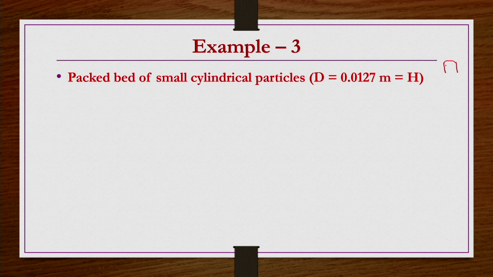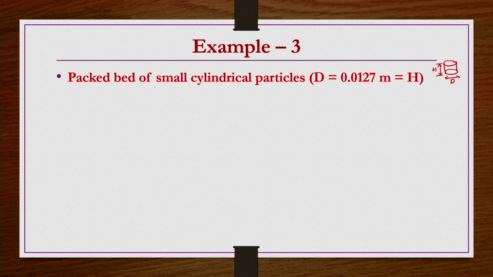If you take this as a cylindrical particle, this is the diameter of the short cylindrical particle and this is the height of the short cylindrical particle. If h is equal to d, or they are very close to each other, then we can say those particles are short cylindrical particles, right.